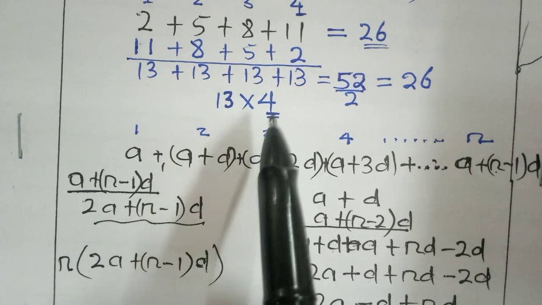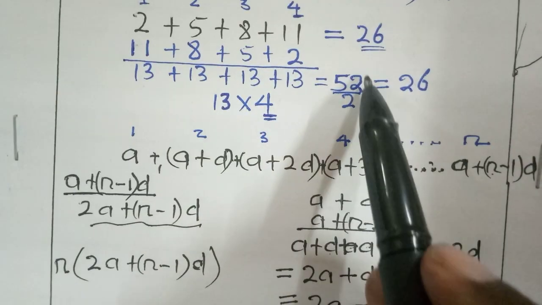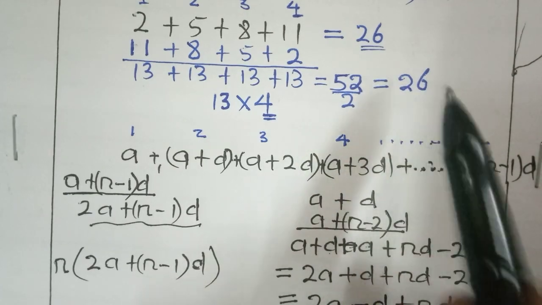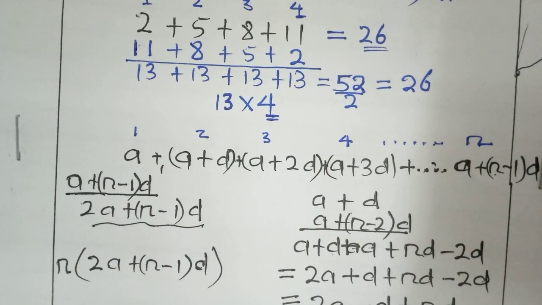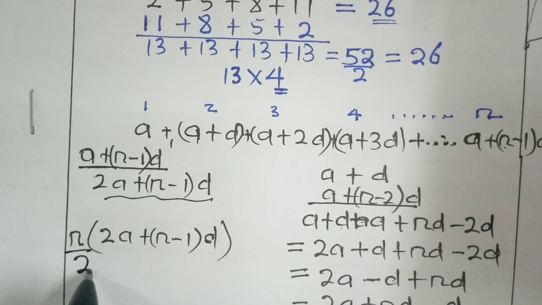After we multiplied by n, which was 4 in this case, we had to divide by 2 to get our real sum of the numbers. And that's what we do here. So we divide this by 2.